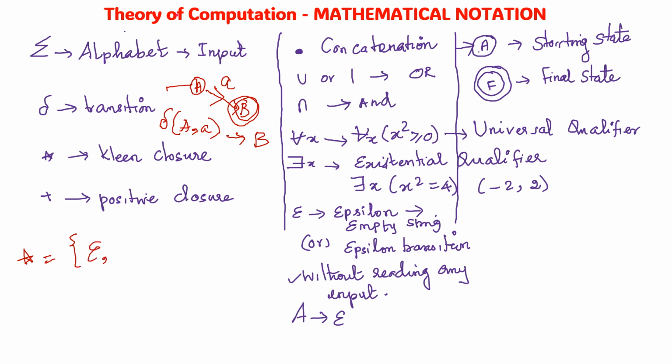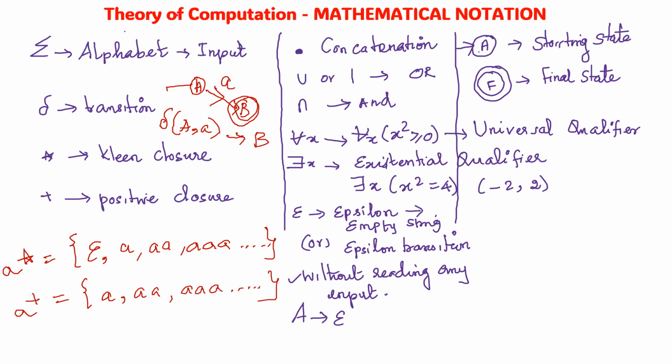Suppose we say A star, it will generate the empty string also, one A also, two A, three A, and so it goes on. So this is the star, Kleene closure. And plus means the same thing but except epsilon. That is the positive closure, so it will generate infinity times.